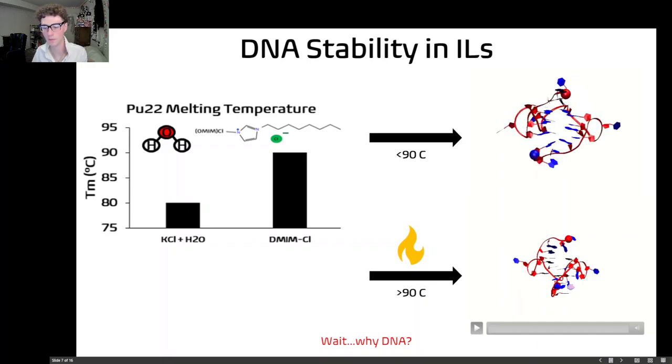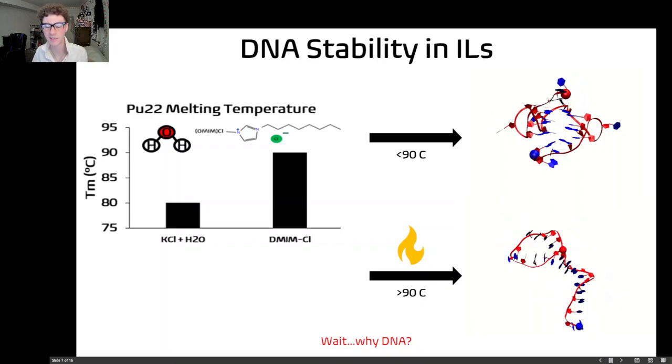But if you go above 90 degrees centigrade, yes, it can start to unfold. So basically, this is 10 degrees shy of water boiling for this DNA to start to unfold.